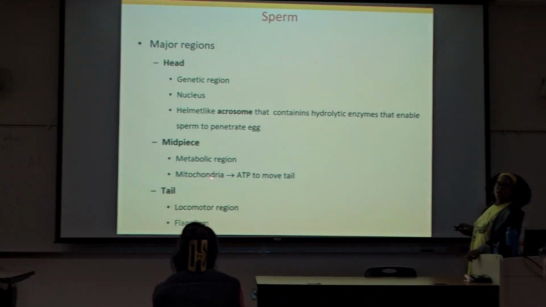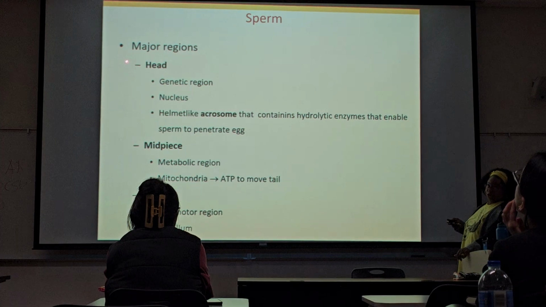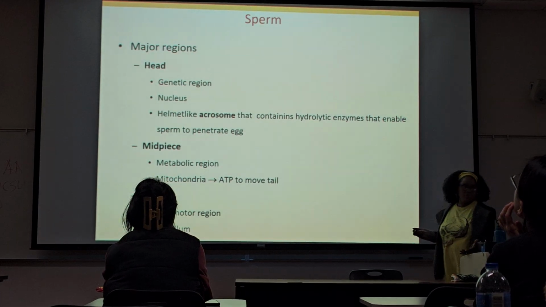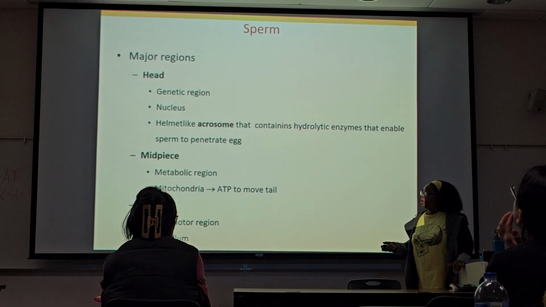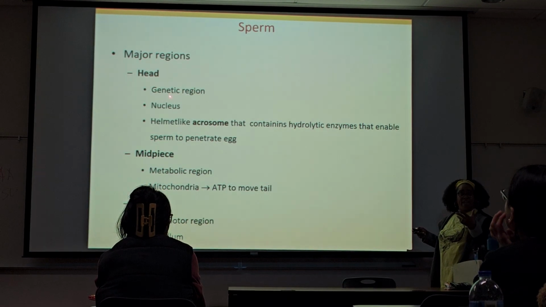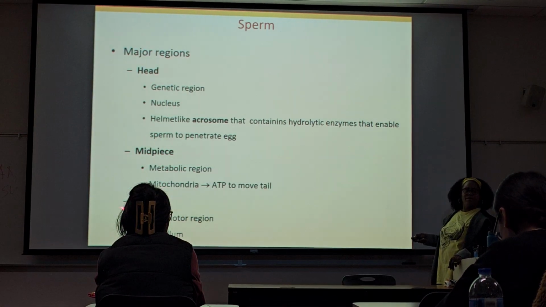Now, because the sperm cell's mitochondria are all congregated at the mid-piece and not in the head of the sperm, when the head of the sperm enters into the egg upon fertilization, the mid-piece and tail do not.